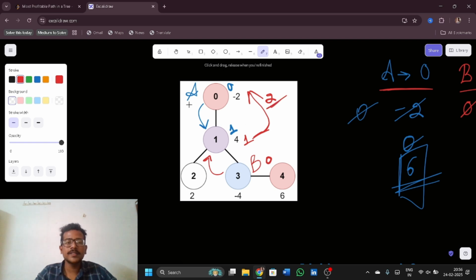So Alice has arrived at node 0 before Bob has arrived. Bob arrived at the second hour, but Alice arrived at the 0th hour itself. So the door was opened before Bob even reached. This is how I know whether the door is closed or open, simply whether I should add this value or not.